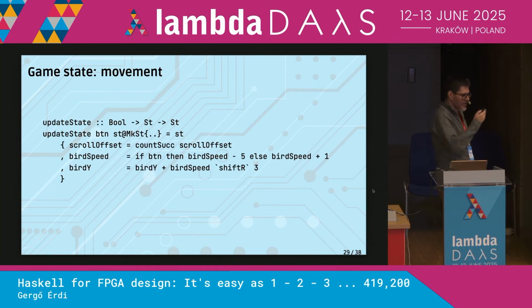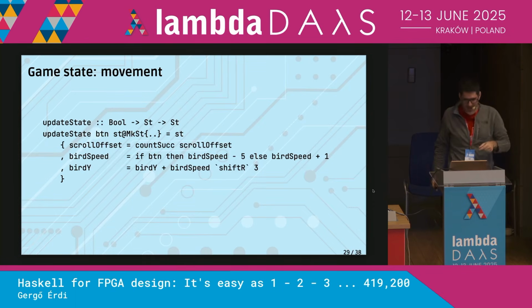Horizontally, it's easy to move the bird because it just moves by 1. By definition, we just say that it scrolls at the speed of 1 pixel per frame, and the player has no control over it. But vertically, we want the y-coordinate to change by integrating the speed.